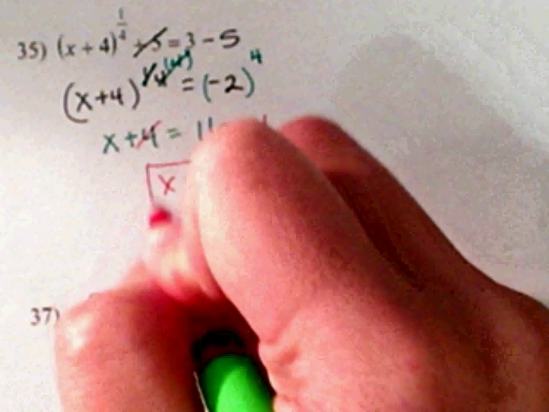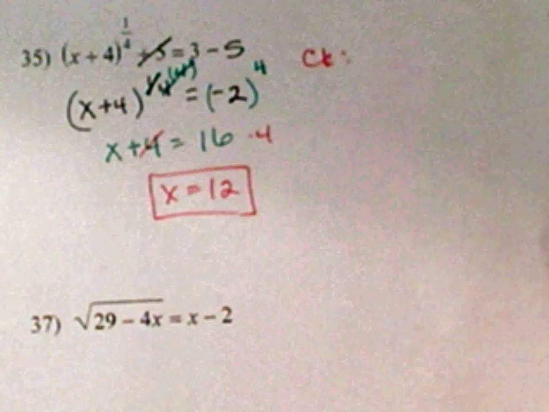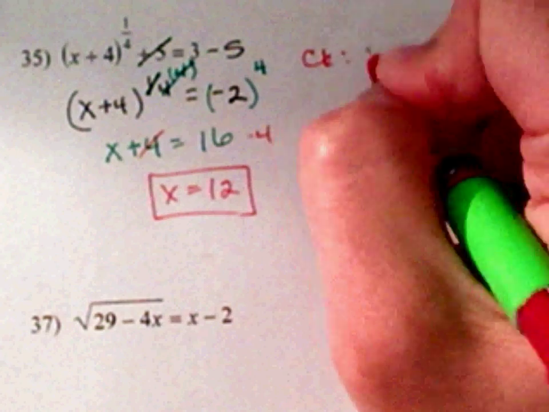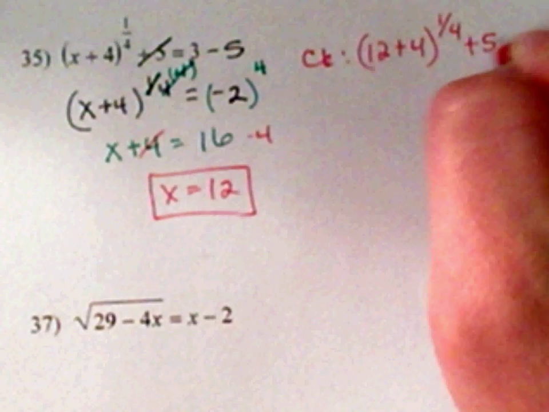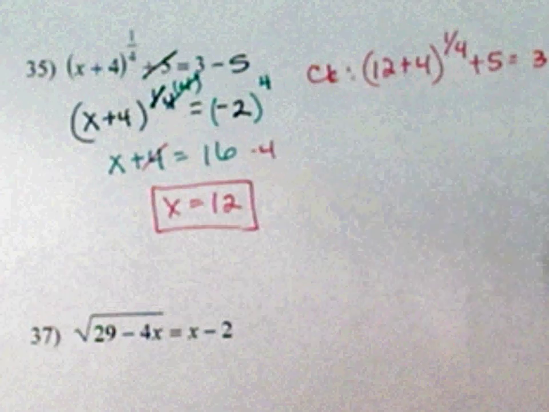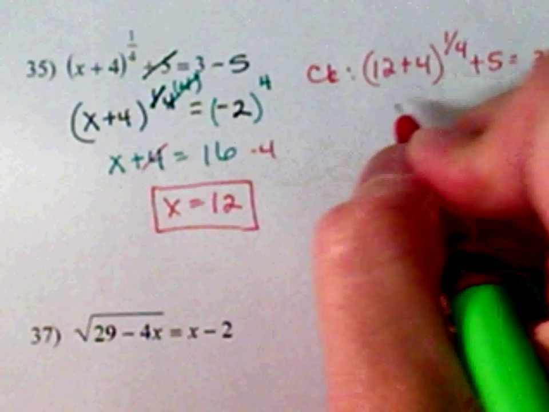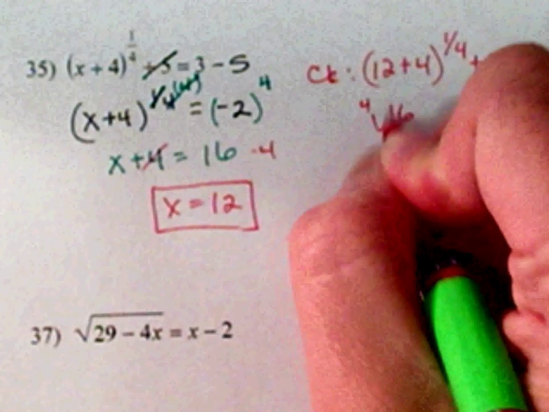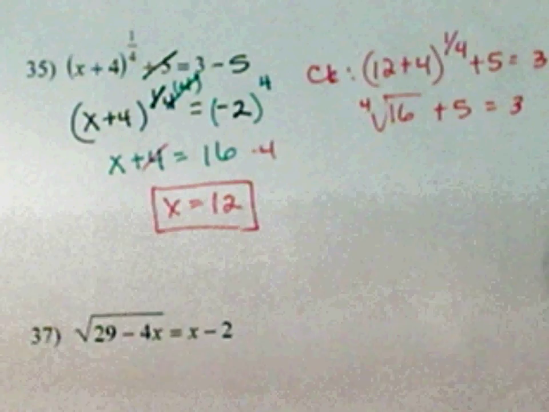Let's go ahead and check our answers. Here's your check. Remember to check. Okay? So you got 12 plus 4 raised to the 1/4 plus 5 is equal to 3. Double check. 12 plus 4 is 16. Okay? So this is like the 4th root of 16 plus 5 is equal to 3. What is the 4th root of 16?